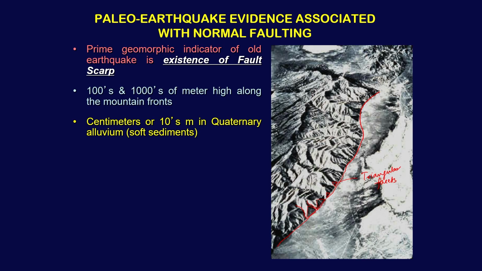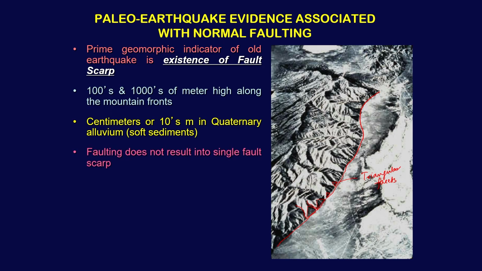But in Quaternary, if we are talking about the last 2 million years, then we will see scarps of lesser height. It will not be too high, but it depends again upon how many events have occurred there.